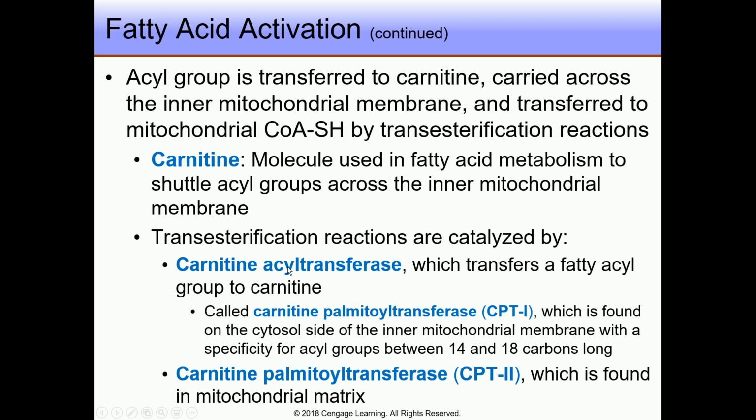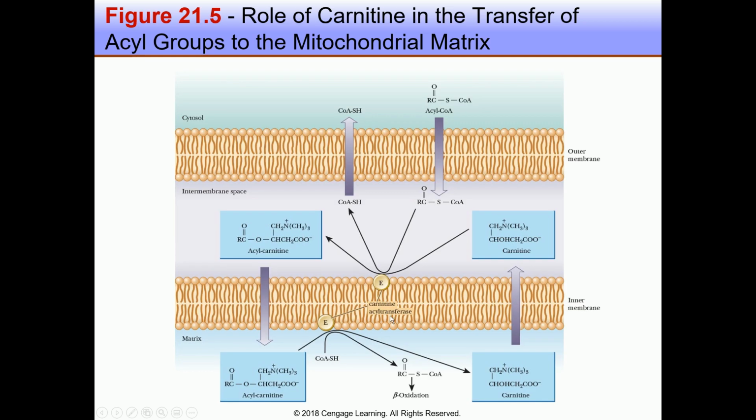So this is taking place with the help of this enzyme called carnitine acyl transferase, and there are two kinds of these enzymes called carnitine palmitoyl transferase CPT1, which is found on the cytosol side of the inner mitochondrial membrane. So you can see here, cytosolic side of the inner mitochondrial membrane is this.